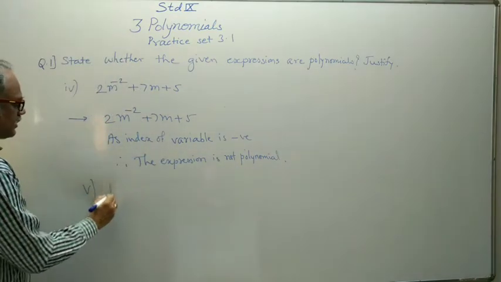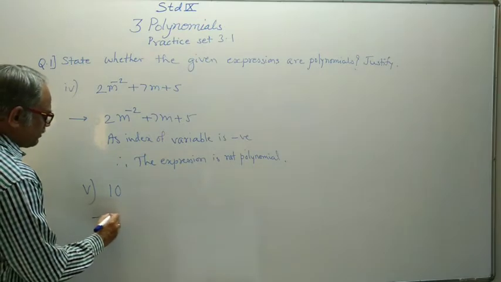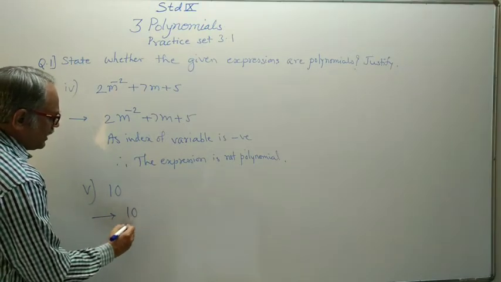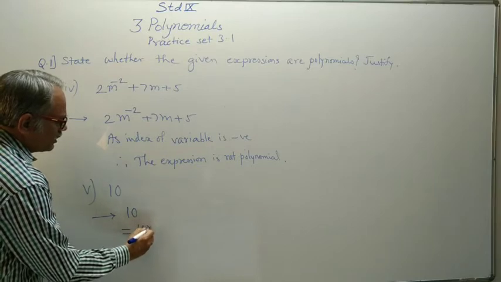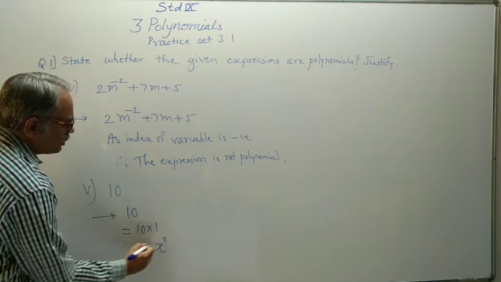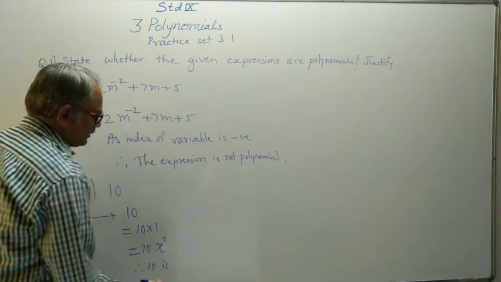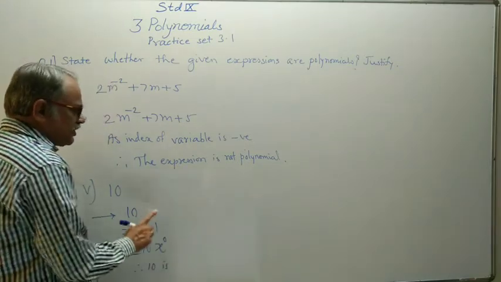And the last, 10, is given. Remember, all constant numbers are polynomials. They are called constant polynomials. They have degree 0. Explanation I will give. 10 can be written as 10 into 1. 1 can be written as x raised to 0. Therefore, 10 is a polynomial. Degree 0 is allowed.